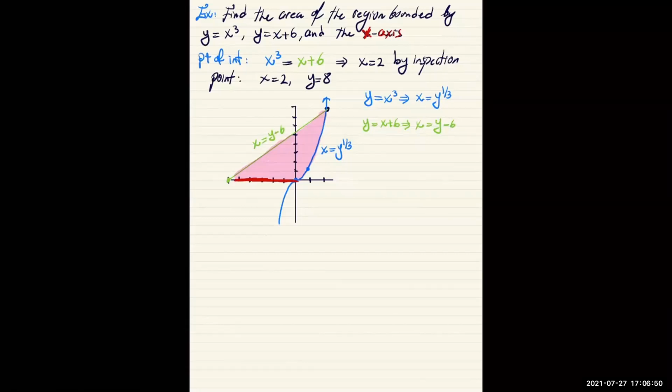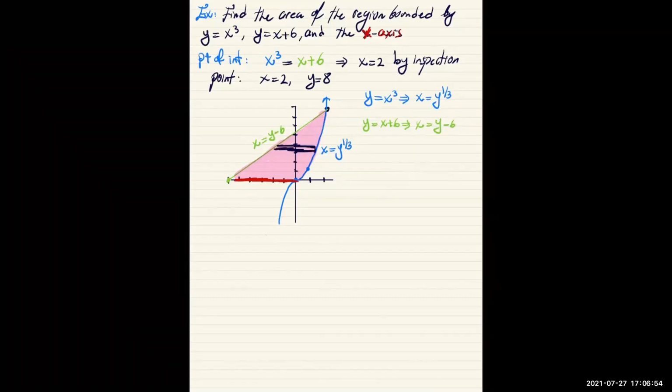So when I draw a horizontal rectangle like that, the right x is the blue, the left x is this.